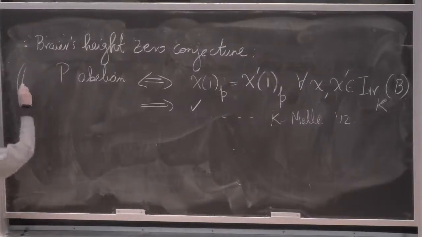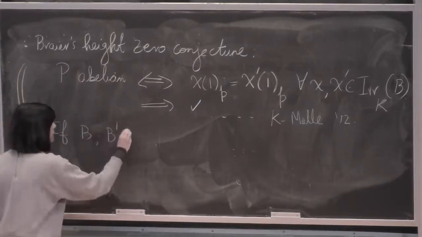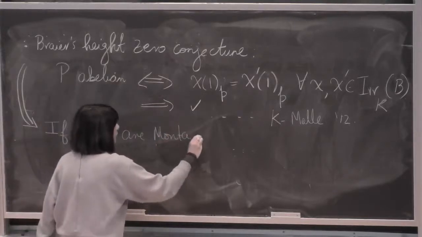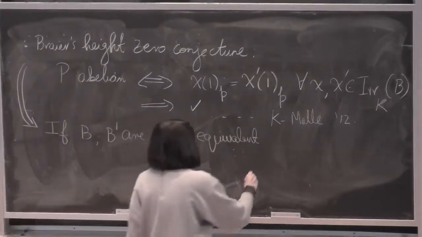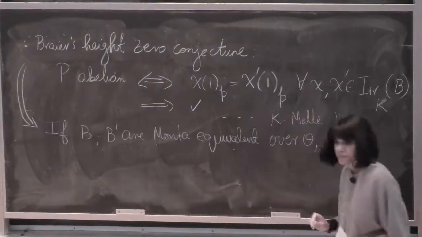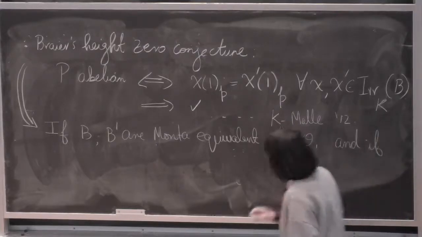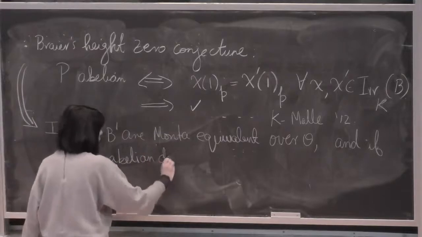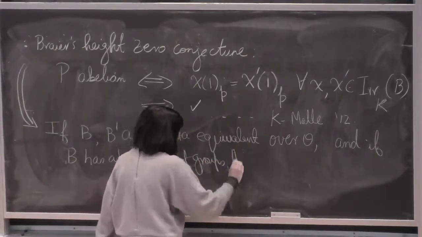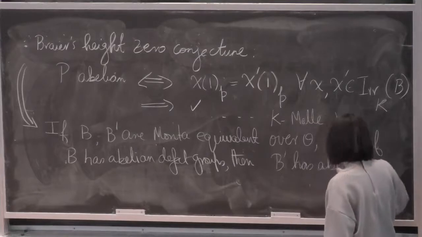But this conjecture, if it were true, would very easily give you the answer to the question: if B and B' are Morita equivalent, I should say here over O, and if B has abelian defect groups, then B' has abelian defect groups.